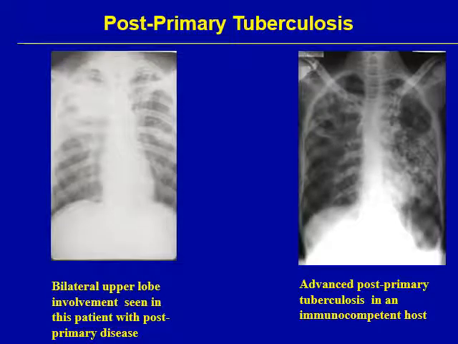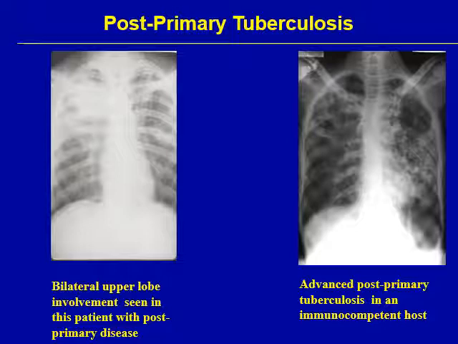Here also, bilateral upper lobe involvement is seen in this patient with post-primary disease. Here there is a lesion and also there is a lesion. This is advanced post-primary TB in immunocompromised patients.